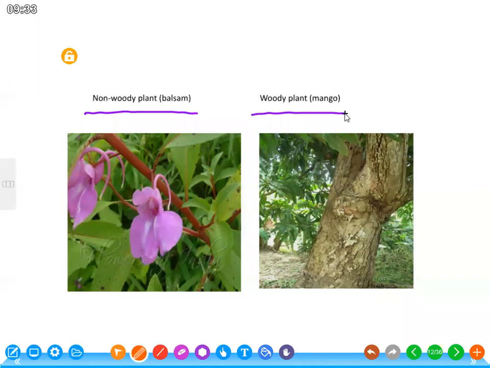I already mentioned that some chemical substances are deposited in the walls in the hardwood of the plant. They give rigidity to the plants. Okay, so now you know about the non-woody plant and the woody plant.